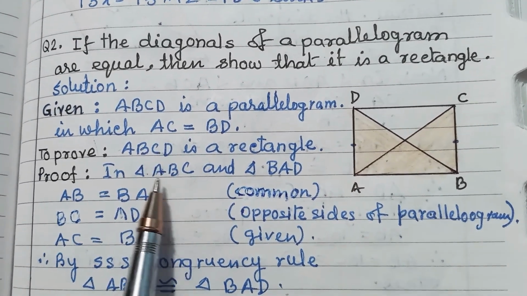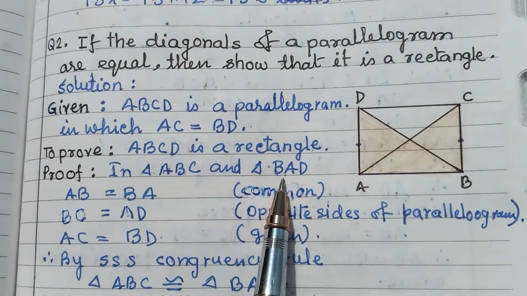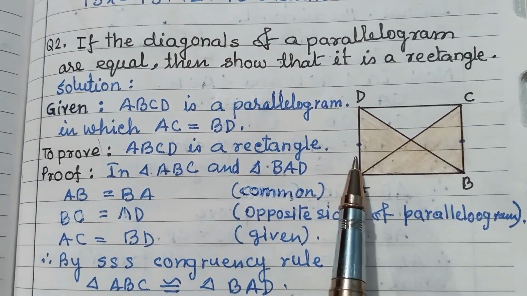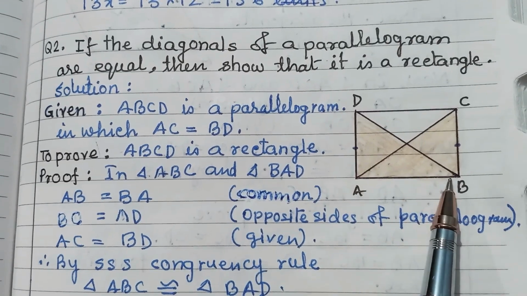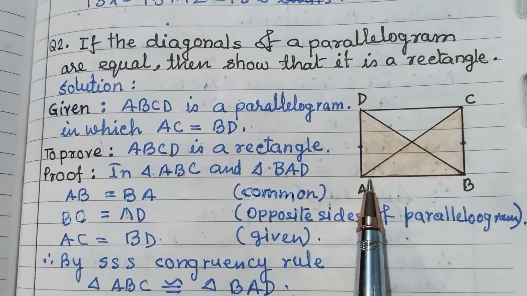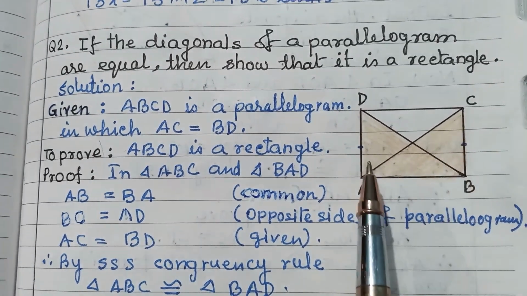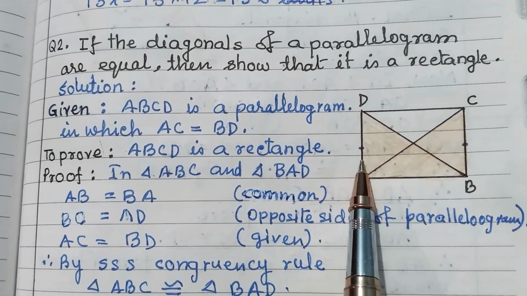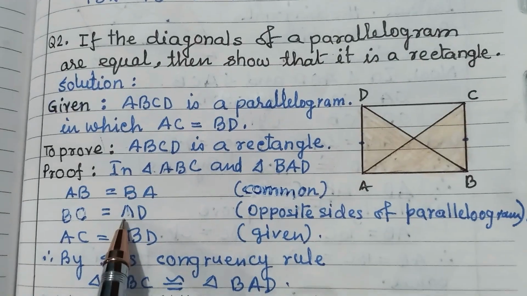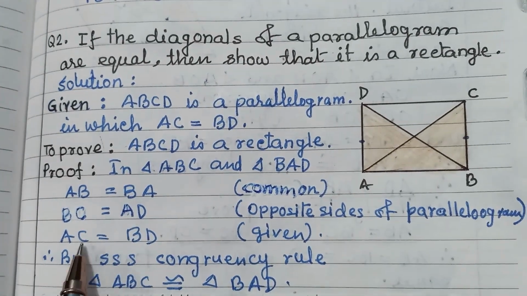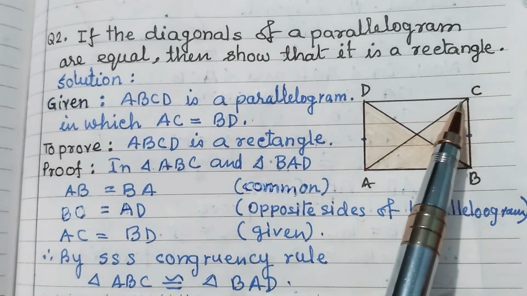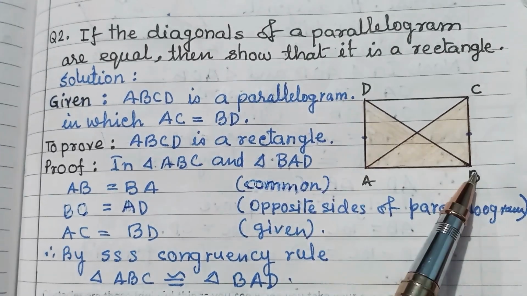Now in these two triangles, AB is the common side, AB is equal to BA. BC is equal to AD, and AC is equal to BD.